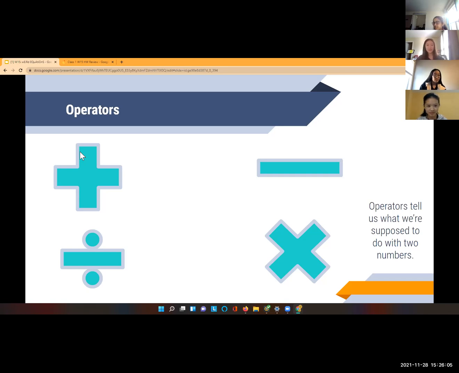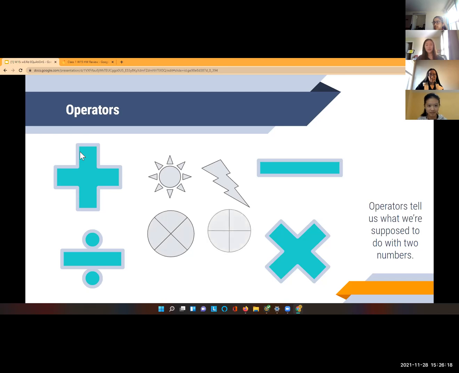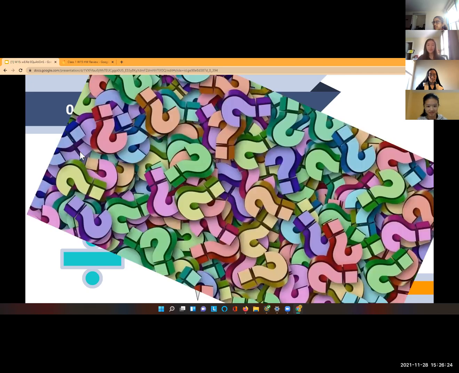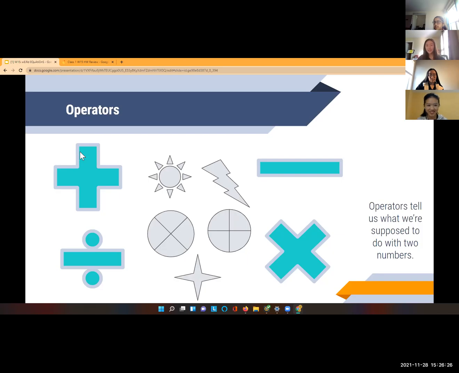It could be the sun that you saw, or the @ sign somebody in the chat used, or lightning, some random symbol. But they're not just gonna tell you to do it. They're gonna tell you what it means. They're not that mean. Like the one in the chat, it said that A at B is A squared plus B. So they're gonna define it for you.